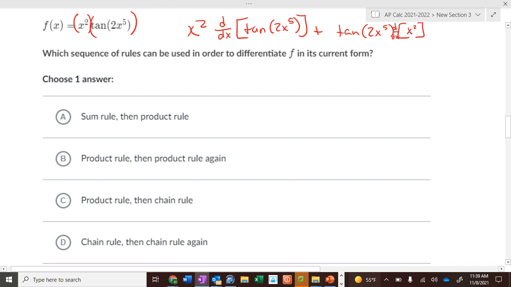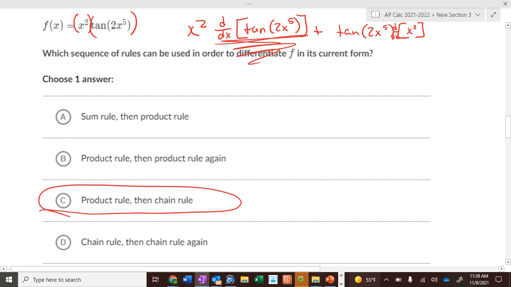And then this thing, when you take the derivative of it, can you just take the derivative of it? No, you have to do the chain rule to it. So it's the product rule, then the chain rule.